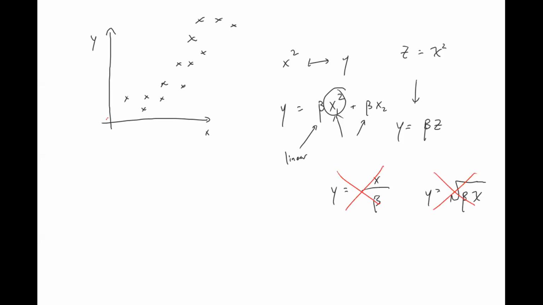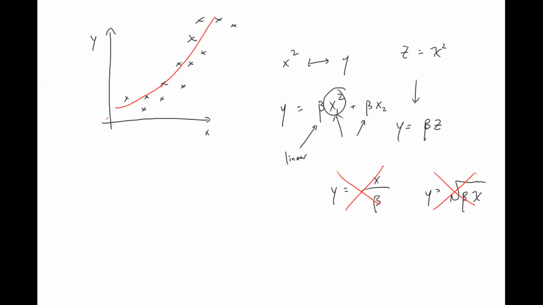So when you think about types of relationships between x and y, yes, there are sometimes linear relationships, but probably a more common type of relationship is one that is exponential in nature. That is actually a very common type of relationship to see.